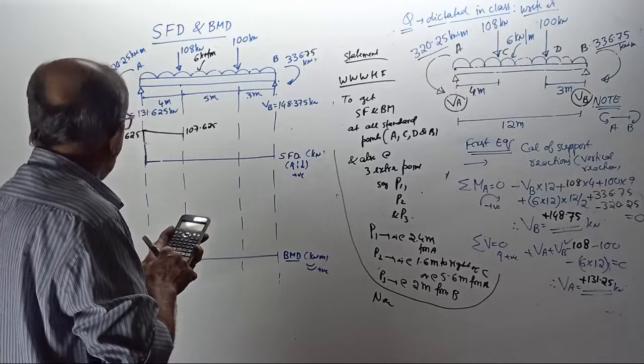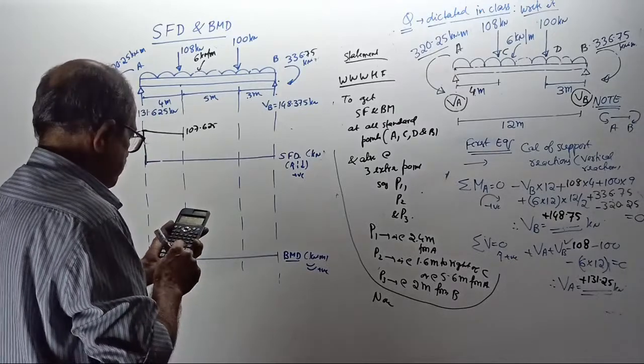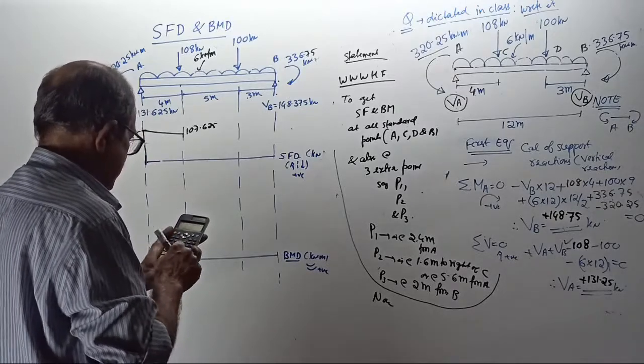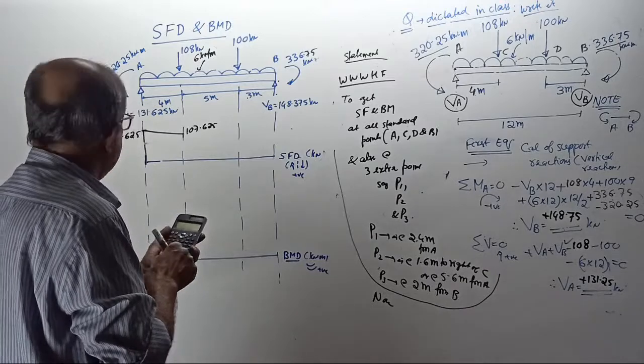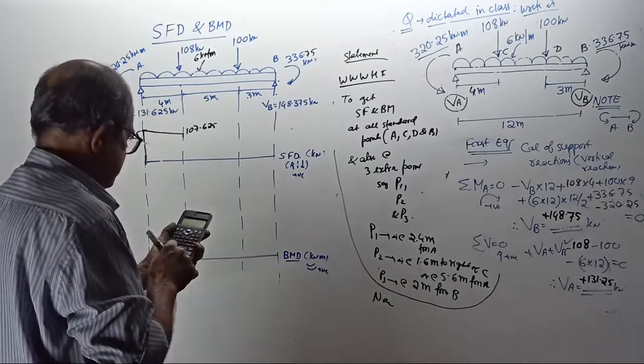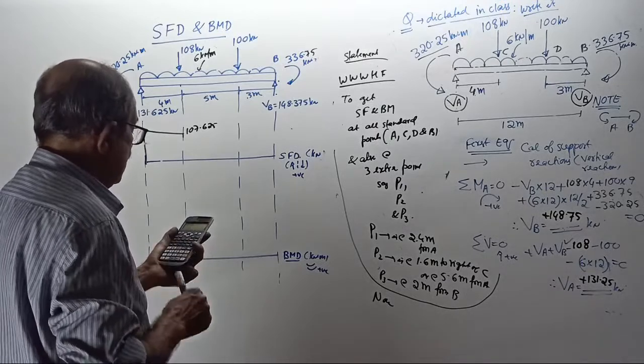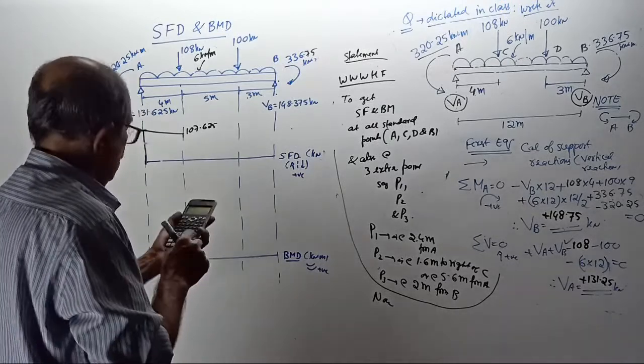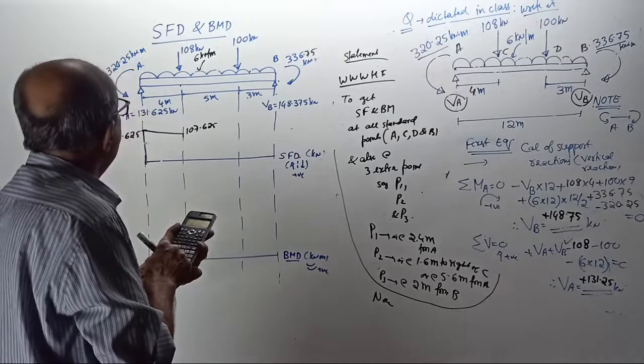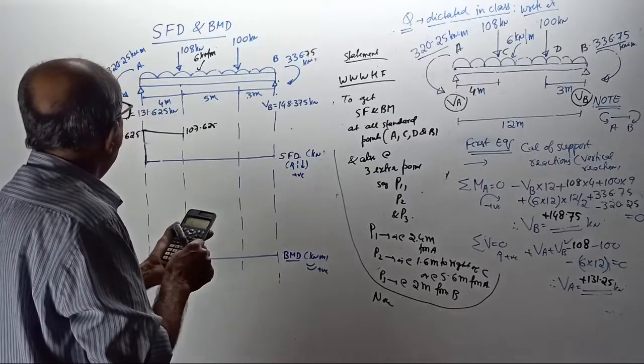Minus 320.25 plus 6 into 12 square divided by 2 plus 108 into 4 plus 100 into 9 divided by 12. 148.375 minus 108 minus 100 minus 6 into 12.